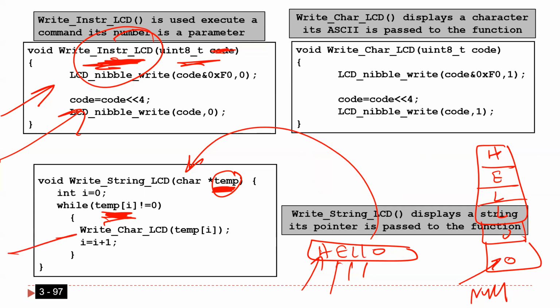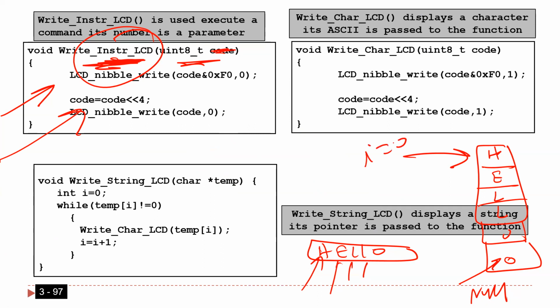So what this function is going to do, as you see here, guys, is start from the beginning of the array. I'm going to make a while loop: while temp[i], starting with i equal to 0. In this example, temp[i] is the ASCII of letter H. Is this equal to 0?